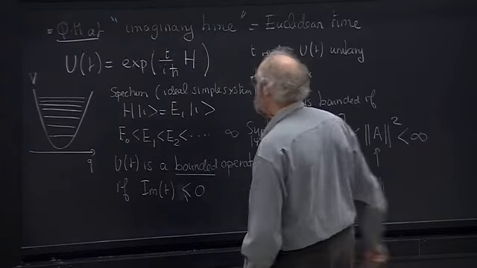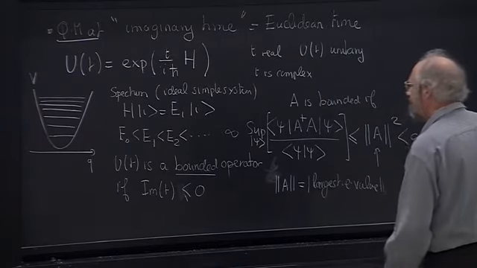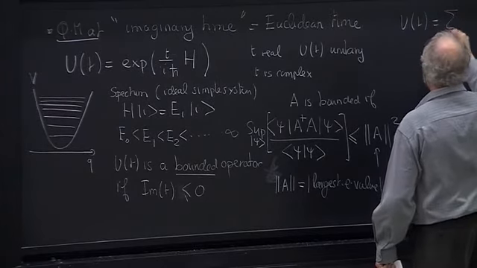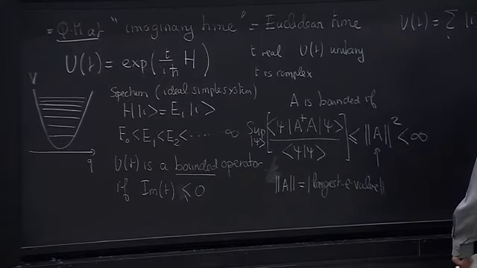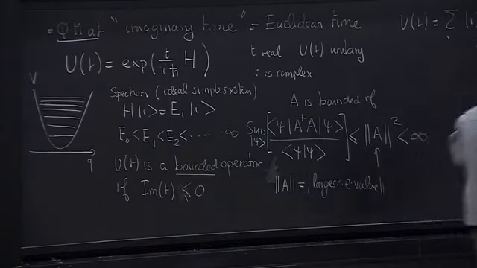You see? So you can in some sense diagonalize that by writing U of t as a sum over the eigensystem of the projector on the eigenstate times exponential of t over i h bar E_i. This E_i increases.